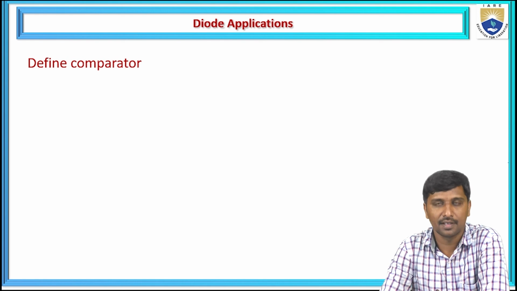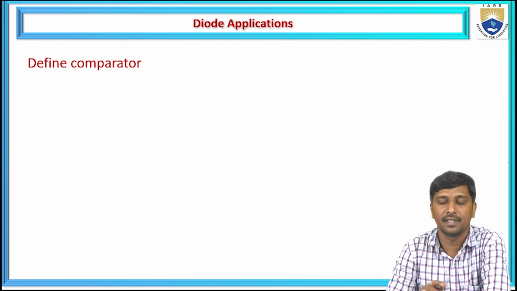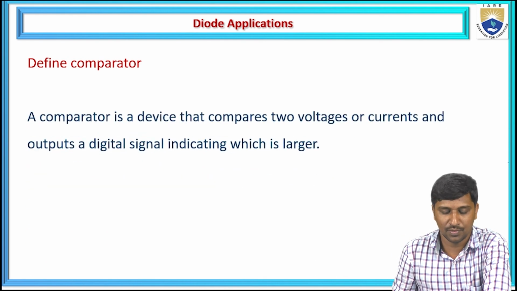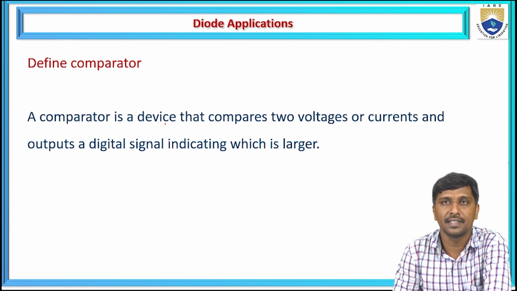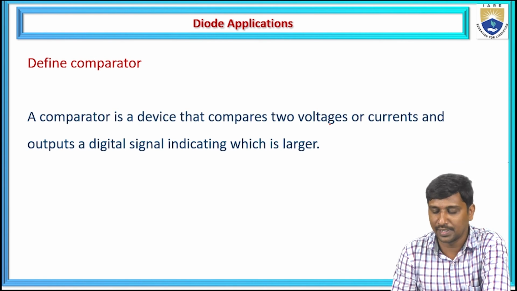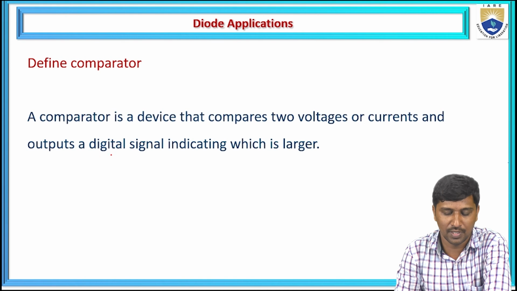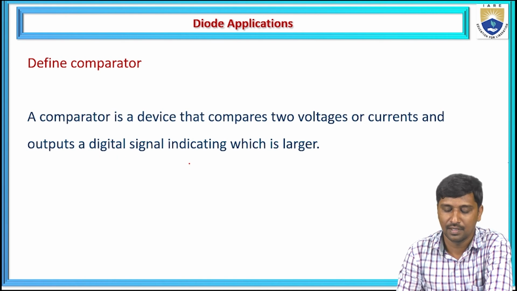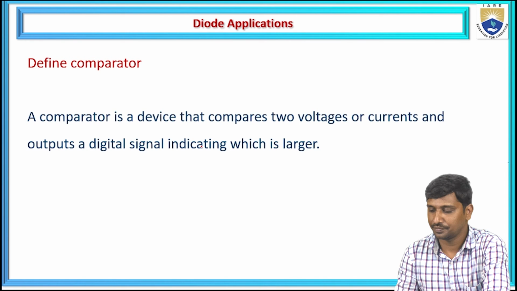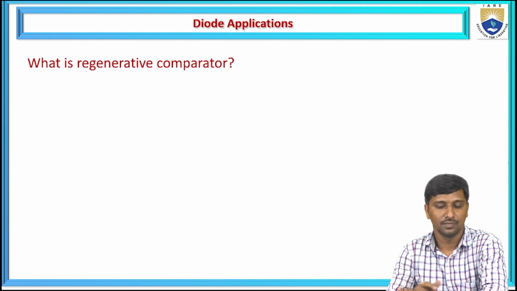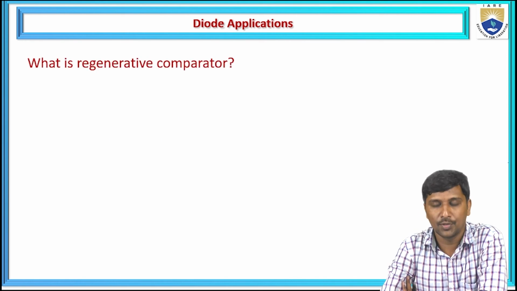Now define comparator. So what is a comparator? Generally, it compares two pieces of information. A comparator is a device that compares two voltages or currents and outputs a digital signal indicating which is larger or smaller. Now, what is a regenerative comparator?